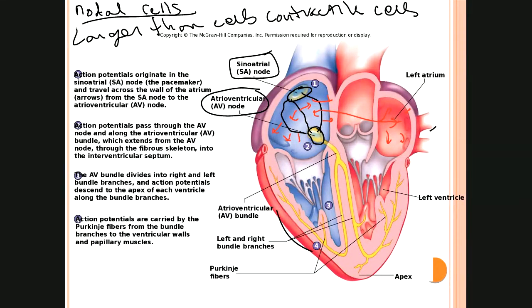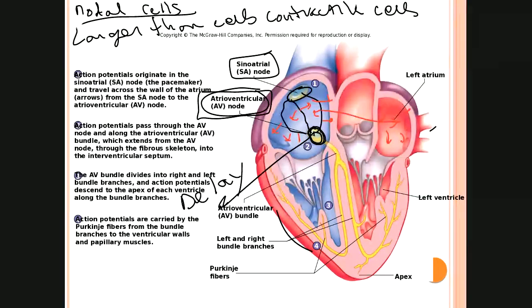It is important to know that the delay is caused by the AV node. The AV node delays the signal from atria to ventricles, allowing the atria to contract first, and later the ventricles.